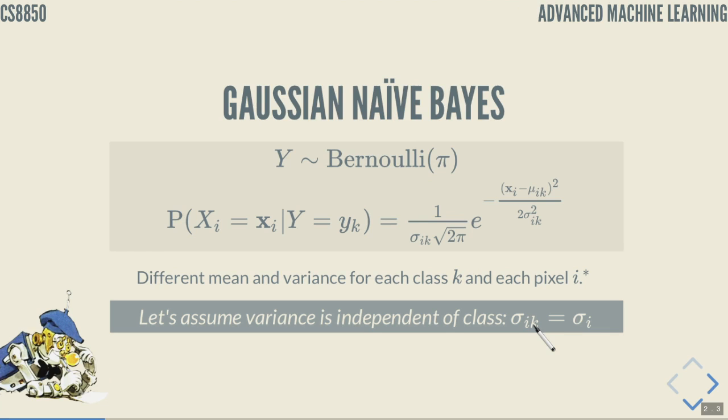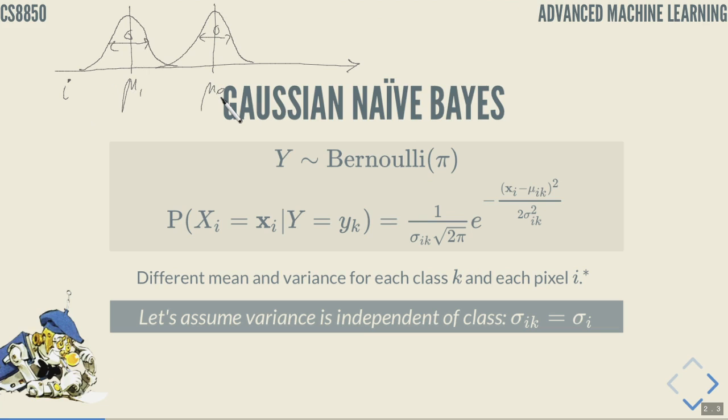What that means graphically is that, say, for feature i, for class 1 it's one Gaussian, and for class 0 it's another Gaussian. So the sigmas should be the same, and the only difference is in the means, in the mean location.